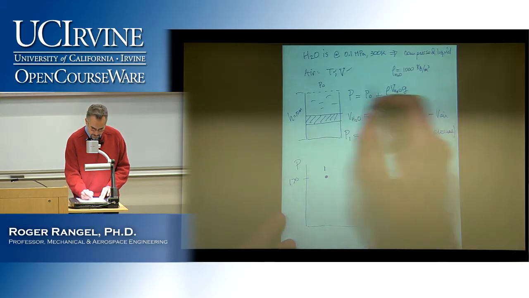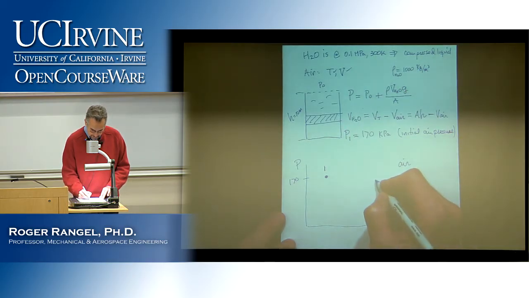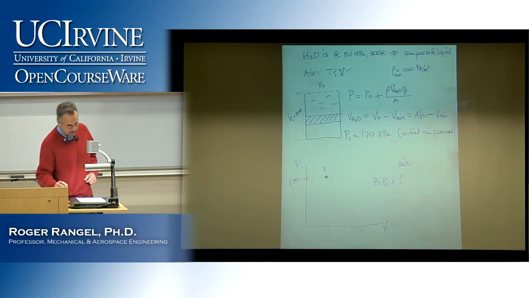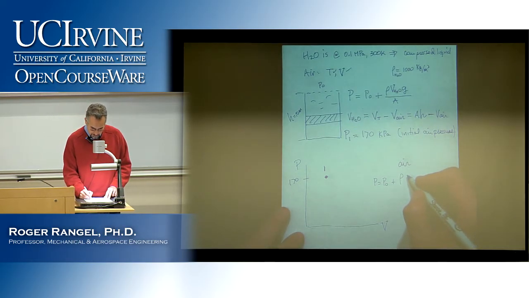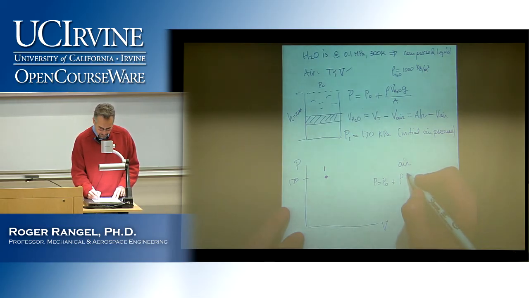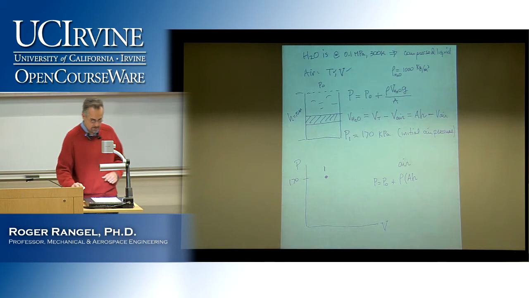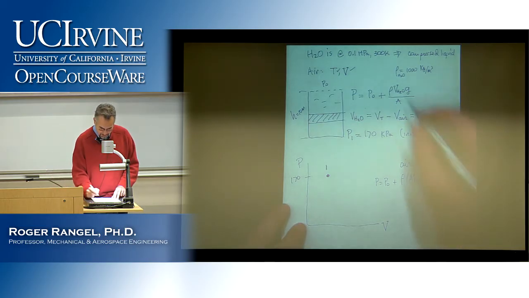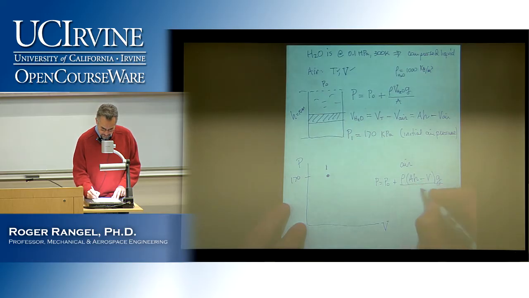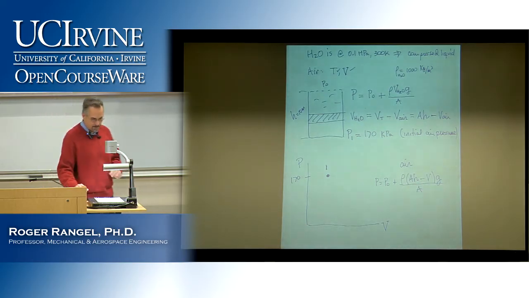If I grab this equation again and bring it down here, I can write P for the air as P naught plus rho times the volume occupied by the water, which is the total volume AH minus the volume occupied by the air, let's call it just V, times g over A. What is the shape of this equation?